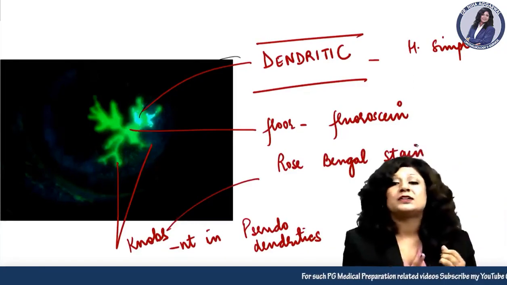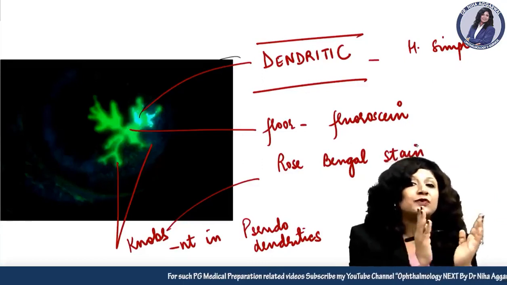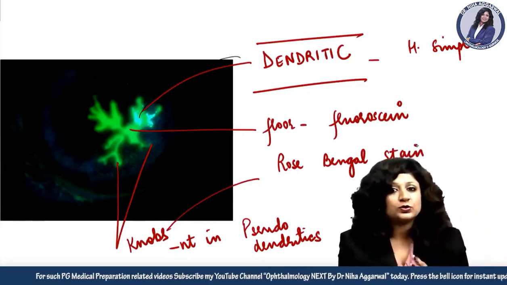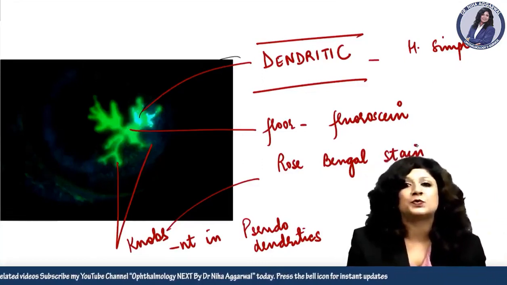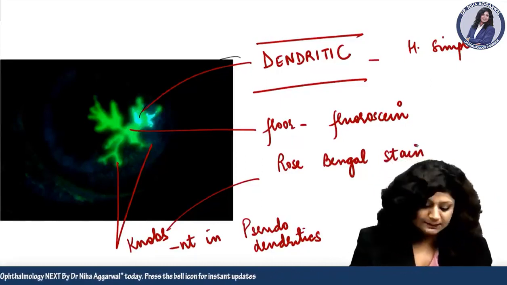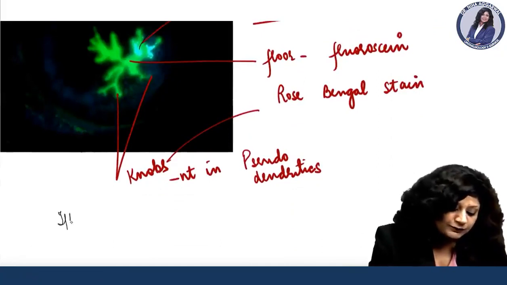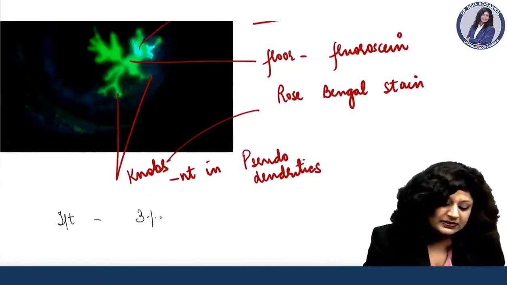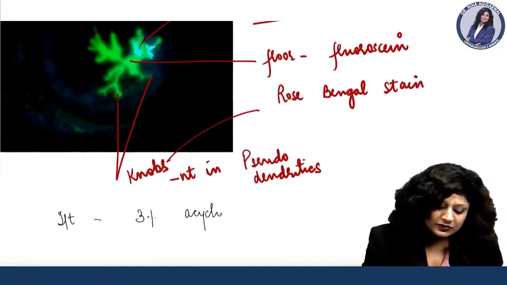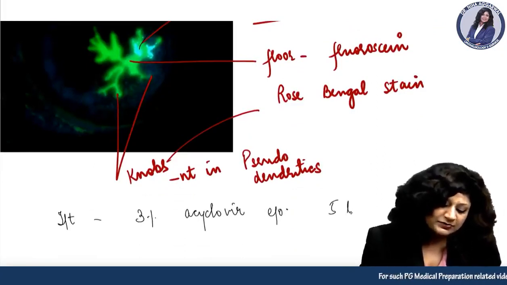So the two stains are important. What is the difference between a true dendritic and a pseudodendritic? And the dendritic is very typical of herpes simplex. Another important thing is the treatment. You have to give here 3% acyclovir eye ointment 5 times a day.